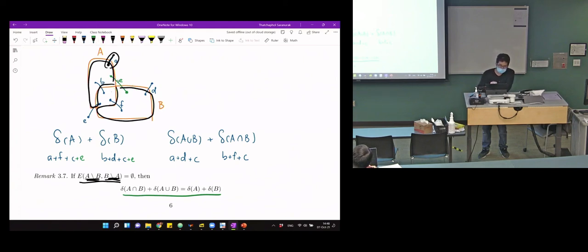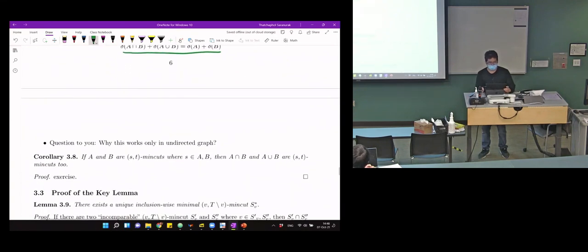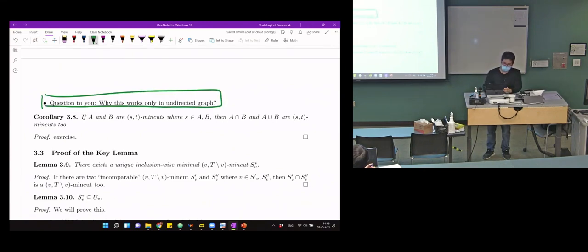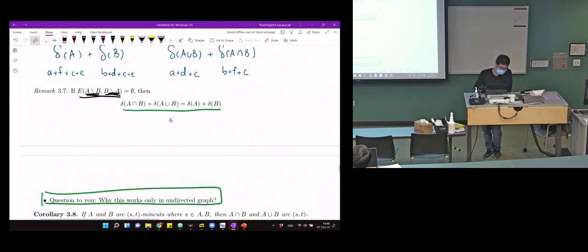But because of this crossing edge, this is why it's submodular instead of modular. And it's important that this only works in undirected graphs. This is the part where we exploit undirectedness. Let me talk about this in the exercise session.